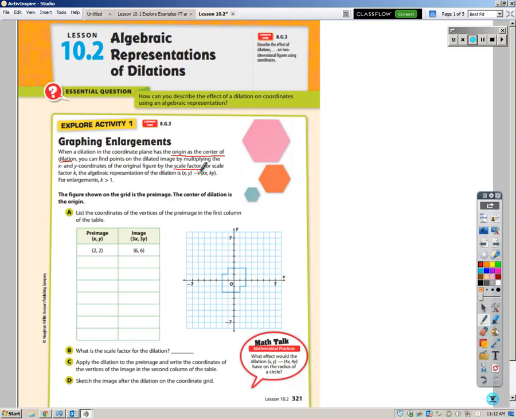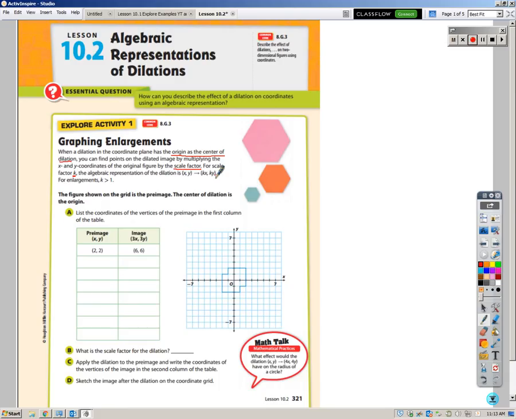For scale factor k, we're going to use k as our scale factor. The algebraic representation for the dilation is the original coordinates x and y, and then you would apply that scale factor of k times x and k times y. And so that works for enlargements when k is greater than 1. So when k is greater than 1, that's going to give you an enlargement. So you're multiplying your scale factor times your x and y coordinate.